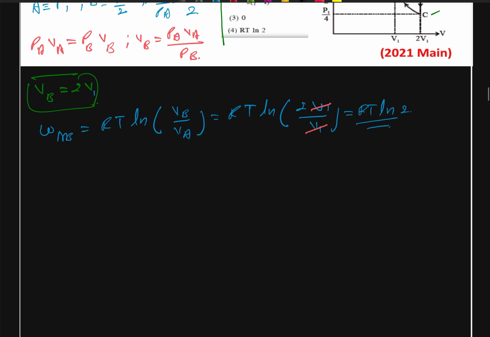Now we come to BC. BC is isochoric, so the work done will be equal to 0. B to C is isochoric, volume constant. Therefore, we can say the work done for BC is equal to 0.